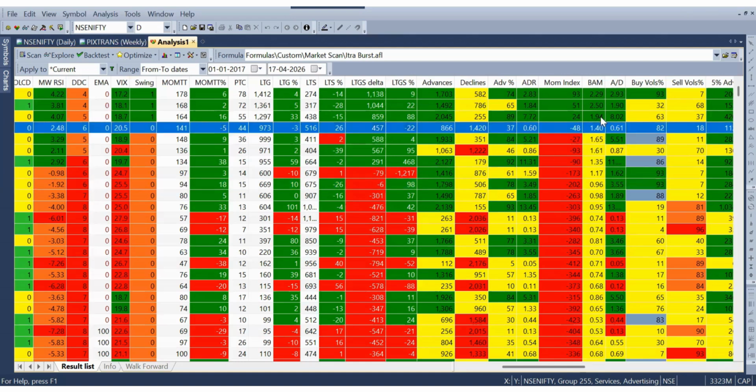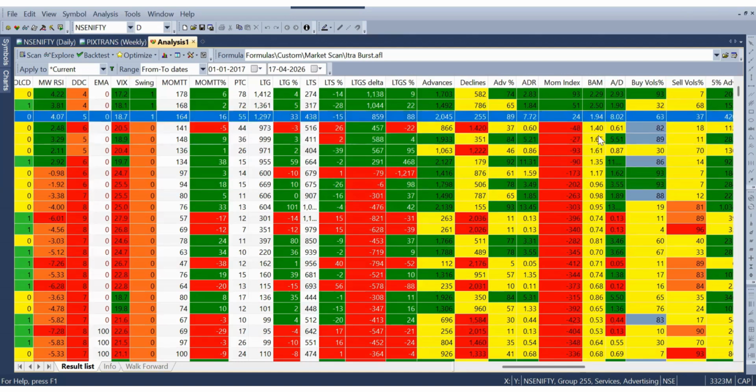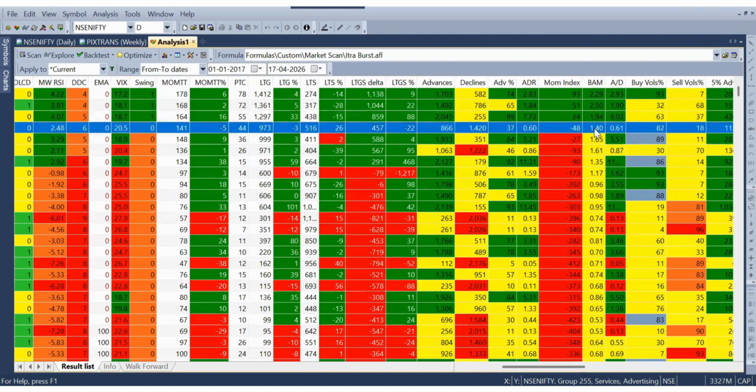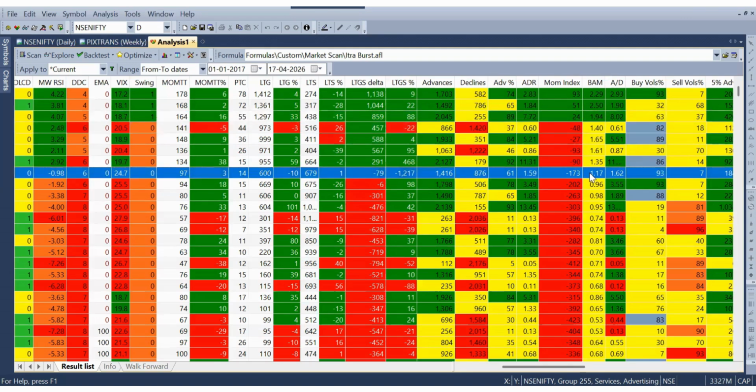That means we have a nice BAM scenario where this number has turned positive for the last 3 days, and this is a rare scenario. Basically, I'll show you the historical data. When there happens to be a crash, for example, the last big crash was the COVID 2020 decline, the COVID fall that happened for a few days, but the market declined by 38% and the stocks declined by 50 to 60%.